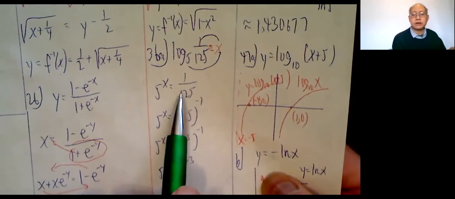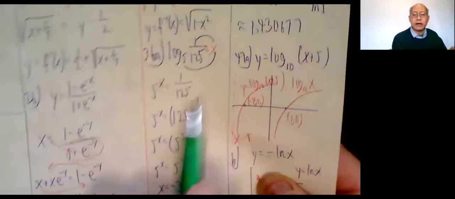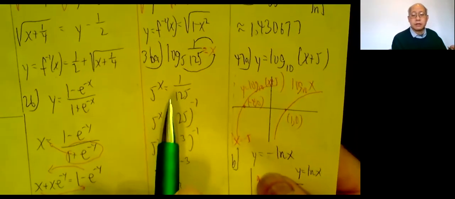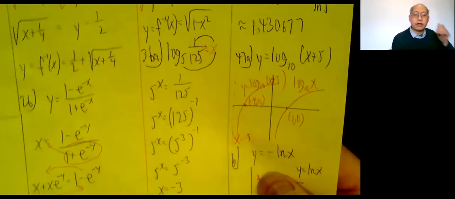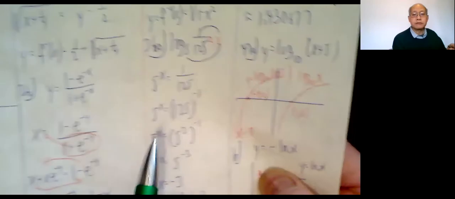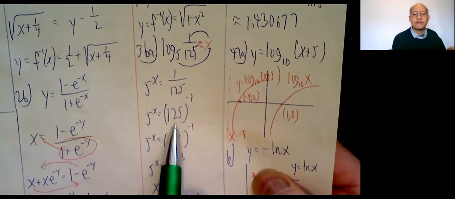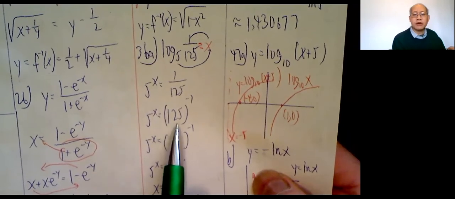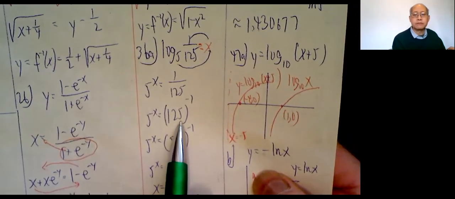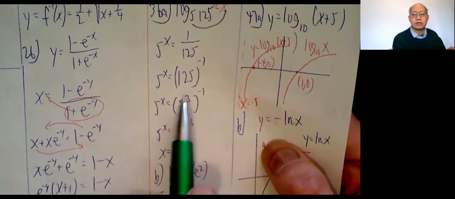Okay, so now I'm going to try to solve that. Since this is a base 5, I'm going to try to write this with a base of 5. Now I know that 1 over 125 is equal to 125 to the negative 1. Now 125 is 5 raised to what power? It's 5 cubed. 5 times 5 times 5 is 125.